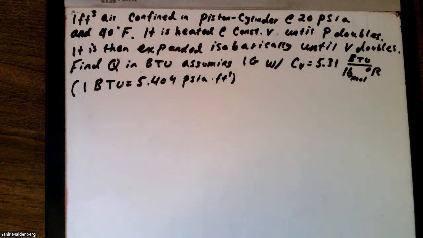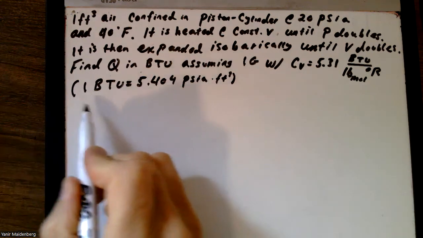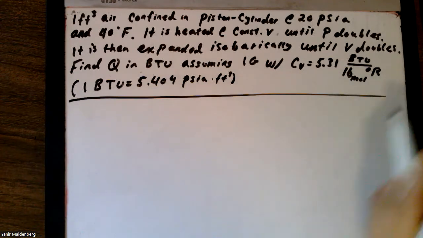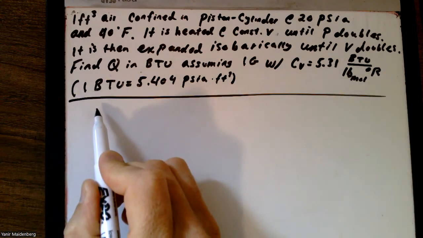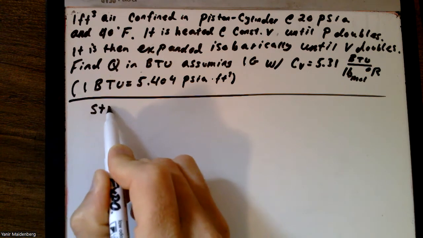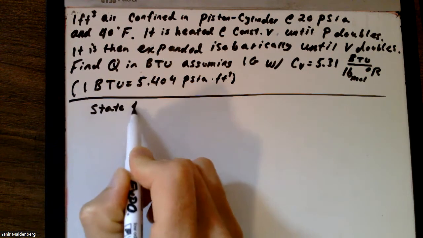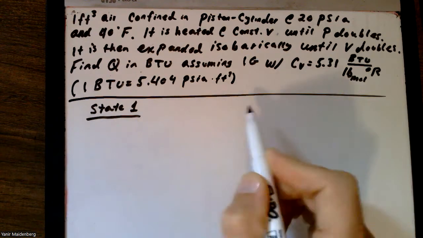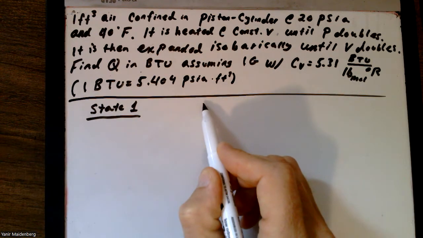Okay, so what is it that we want here? Well, first of all, let's see how many states we have, how many processes we have, and what is it that we want. So we have state number one. Okay, and we'll try to define everything that we have directly.